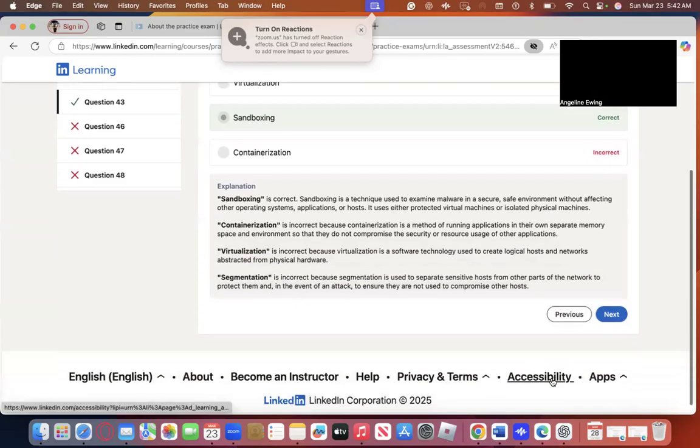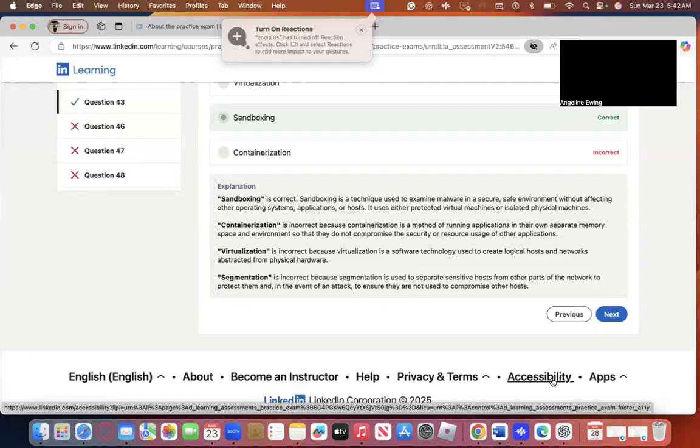The incorrect answers are containerization, virtualization, and segmentation. Containerization is incorrect because containerization is a method of running applications in their own separate memory space and environment so that they do not compromise the security or resource usage of other applications. Virtualization is also incorrect because virtualization is a software technology used to create logical hosts and networks abstracted from physical hardware.